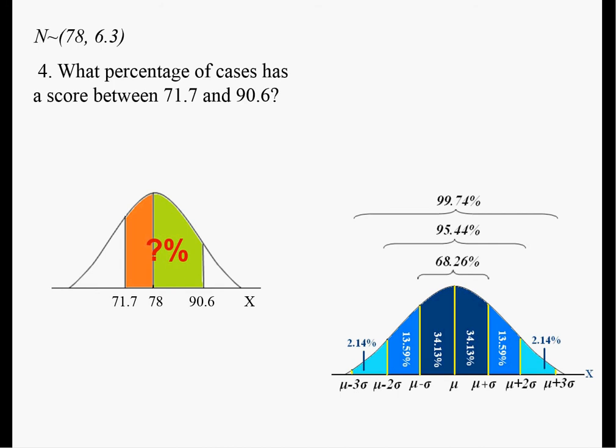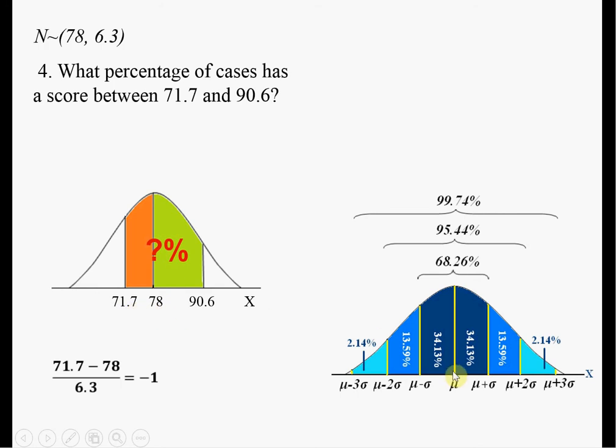And to determine that, we need to again use the same methods that we have learned so far. 71.7 minus 78 divided by standard deviation, that gives us a -1. So we know that 71.7 is one standard deviation below the mean.